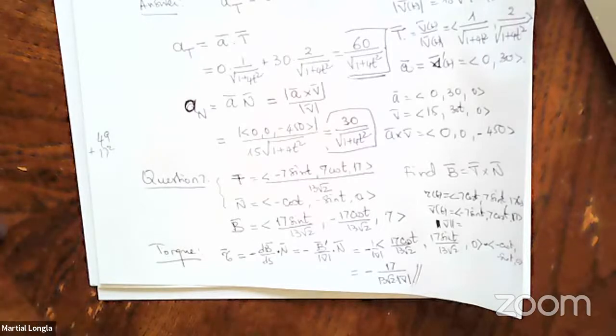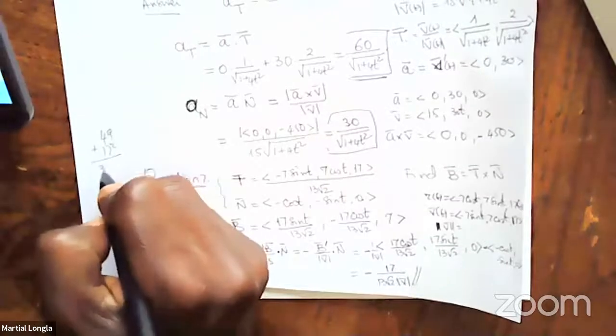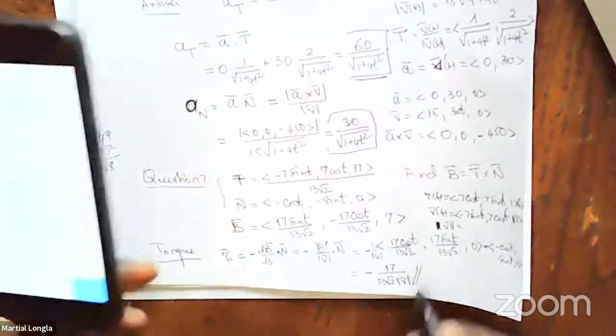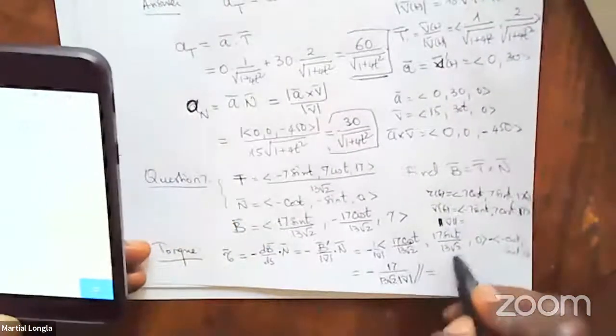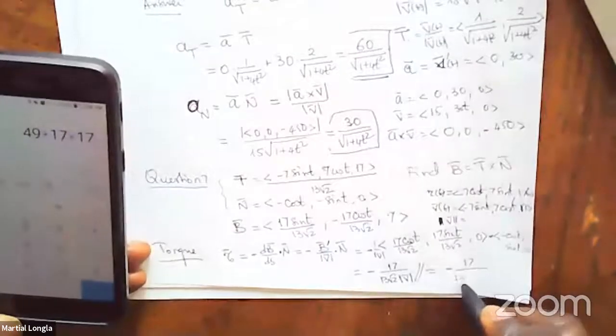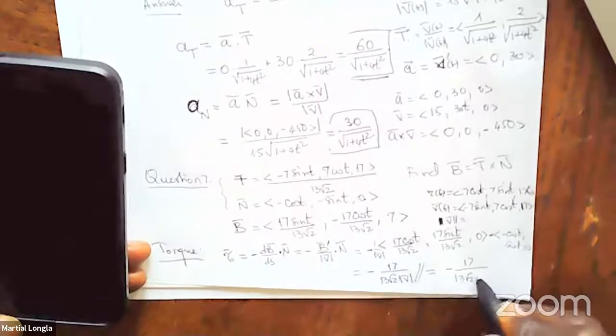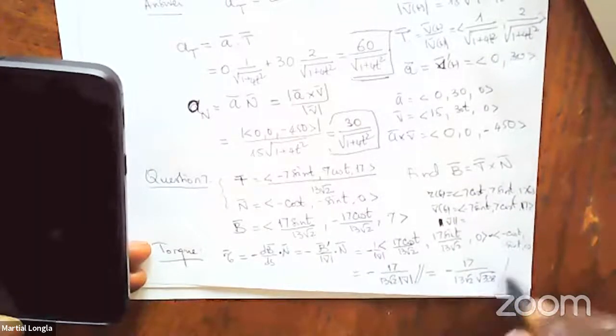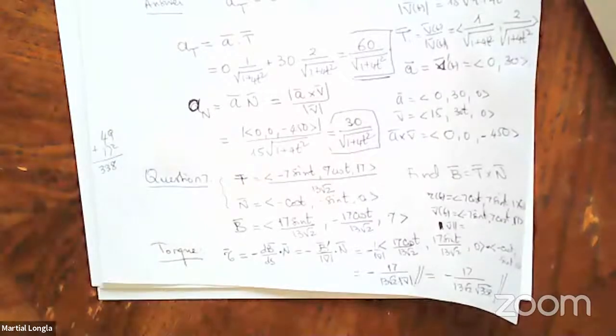So that gives you 338. That's what you have here. That's it. All right, any questions on this?